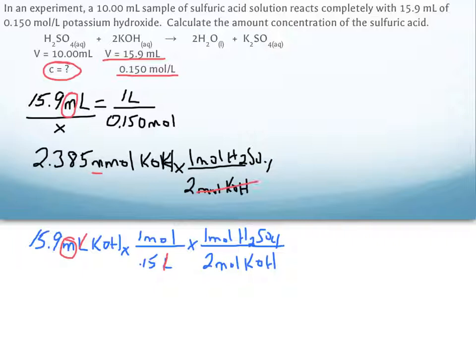On the bottom, I have my moles of potassium hydroxide, which means that if I do 2.385 divided by 2, I'm going to get 1.1925 millimoles of H2SO4. And on the bottom, again, my moles will cancel out my moles, and my KOH will cancel out my KOH, which means the same thing. I have millimoles of H2SO4.